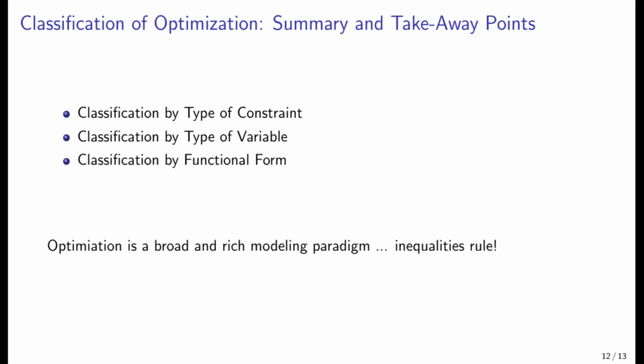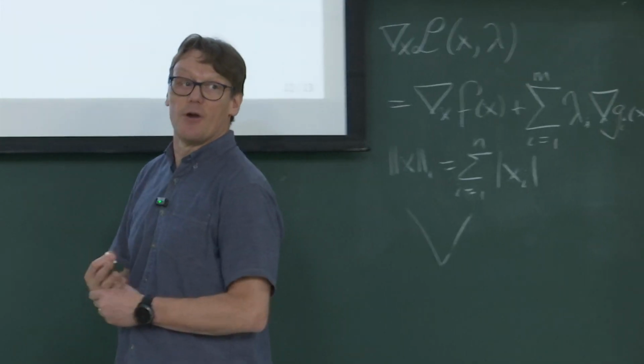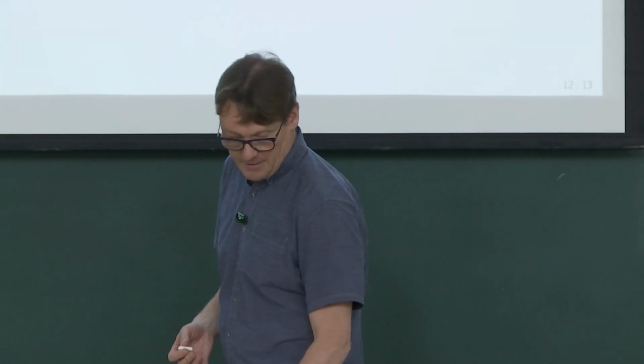Okay, so optimization, we can classify by type of constraint, type of variable, or functional form. It's a broad and rich modeling paradigm, and inequalities are sort of at the heart of optimization in many ways. They make the problem much more interesting, a much richer way of solving problems.